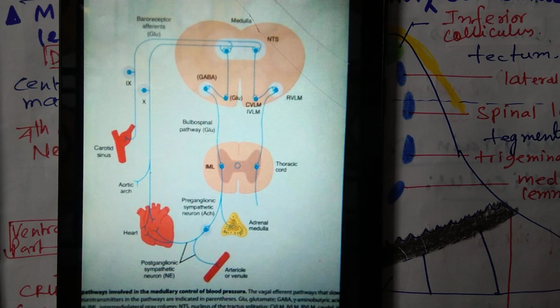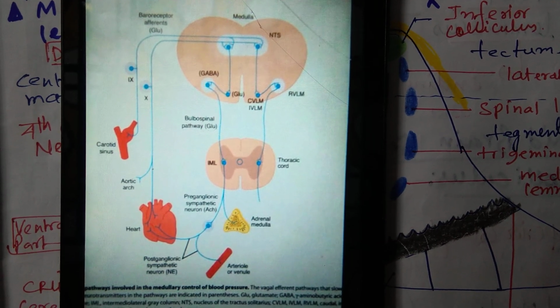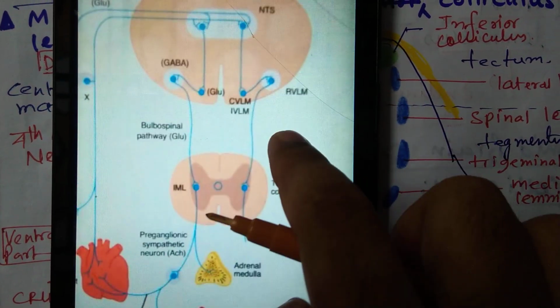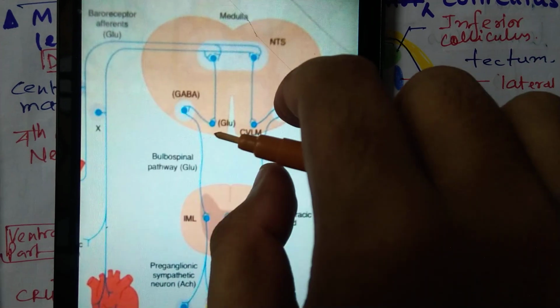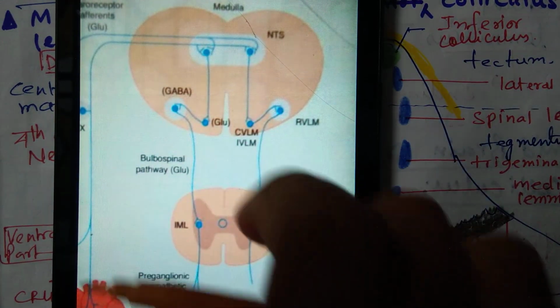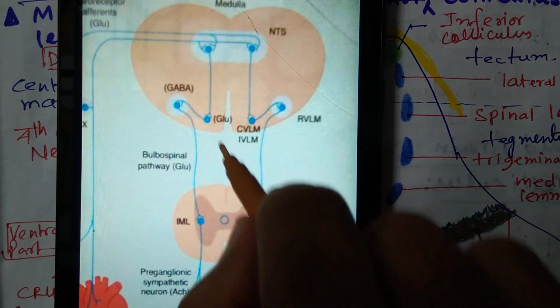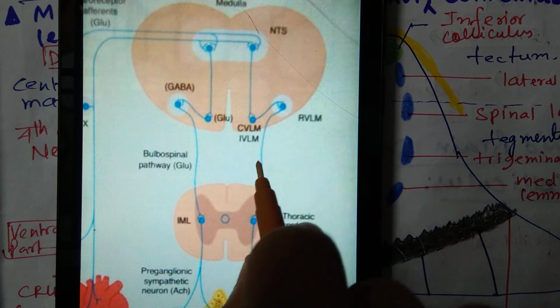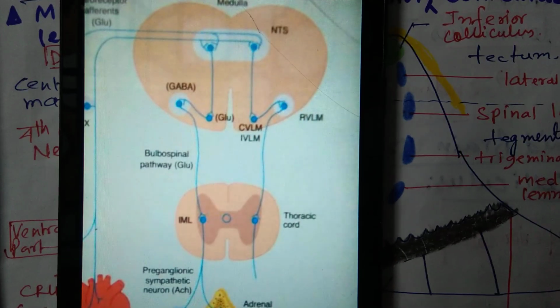And then at the medullary level there is another region called CVLM. So first of all, this is the medulla and this is our spinal cord. What is CVLM? C for caudal, V for ventro, L for lateral, M for medulla.